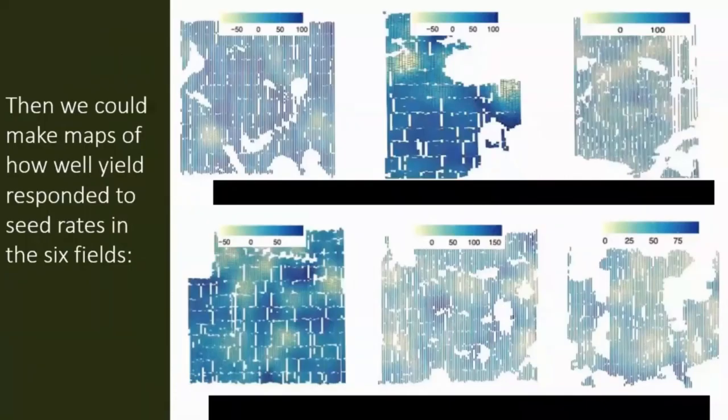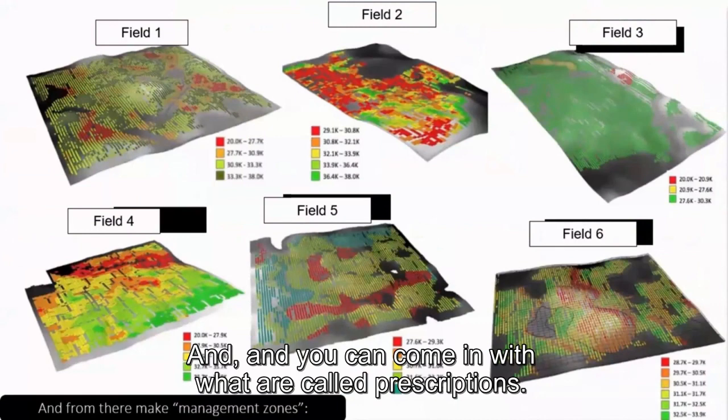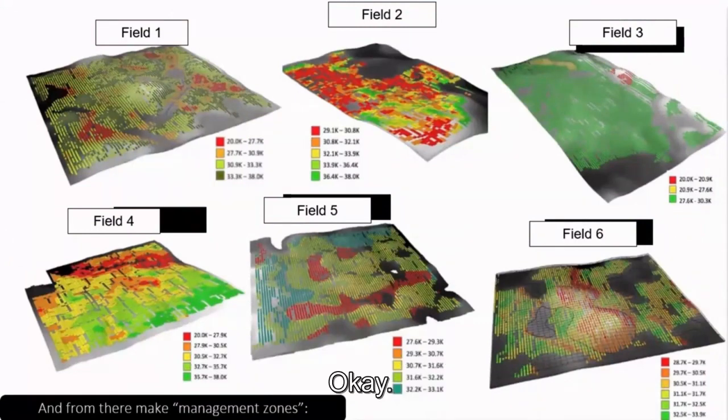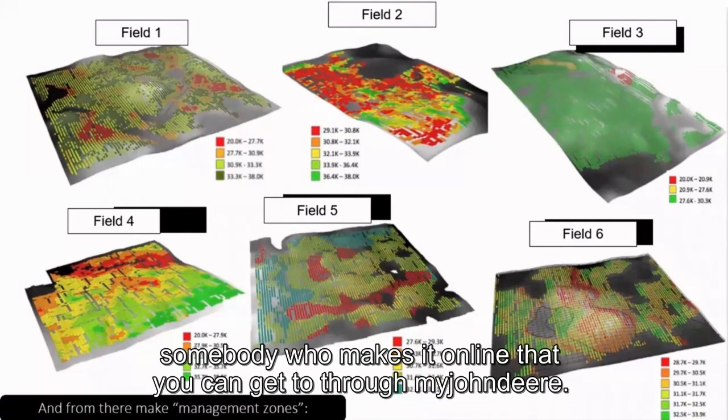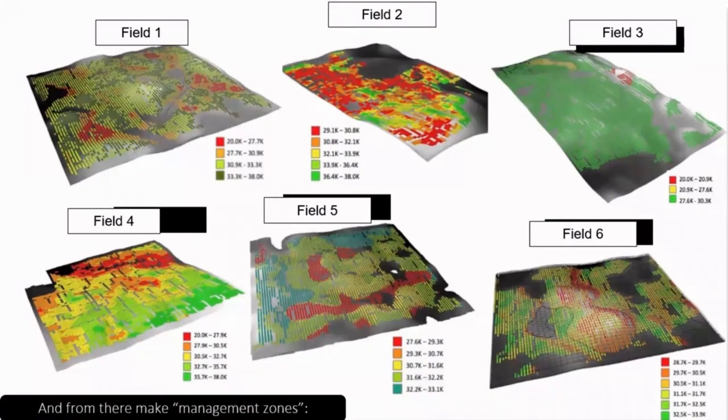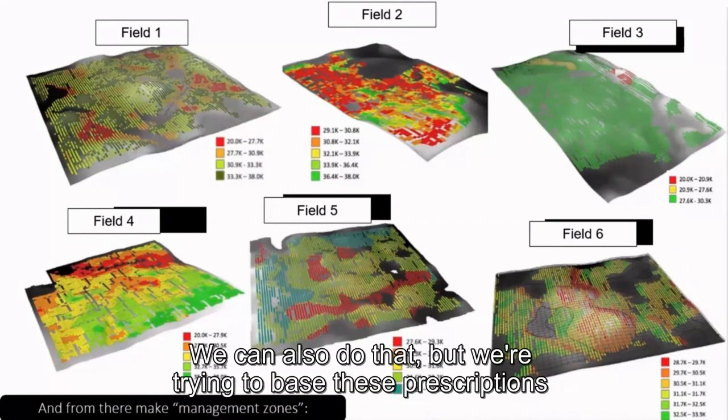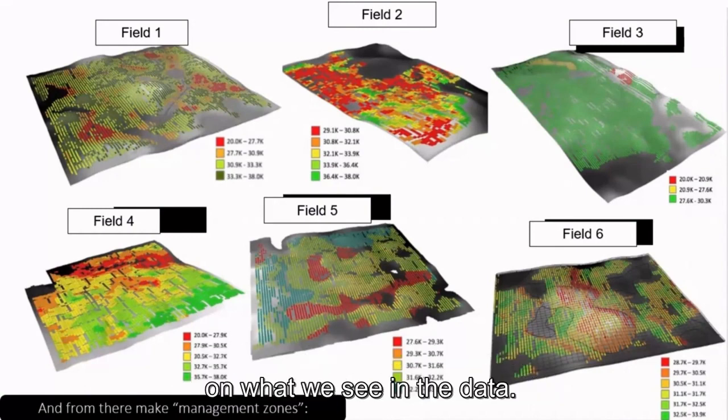All right. And you can come up with what are called prescriptions. Okay, so if you're a farmer, you can buy a prescription either from somebody who makes it online that you can get to through myjohndeere.com or from a consultant. And we can also do that, but we're trying to base these prescriptions on what we see in the data.